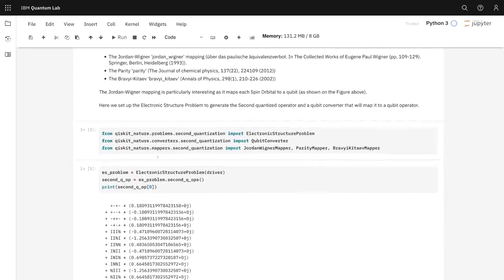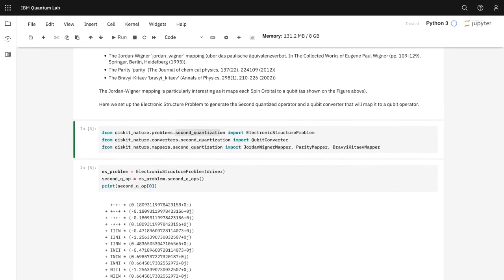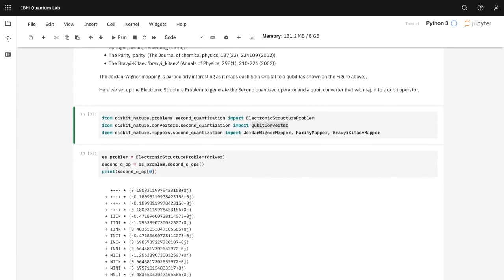Again, we import more modules, so this second quantization module, where we import these modules for different mappings to set up the electronic structure problem and to convert from fermions to qubits.